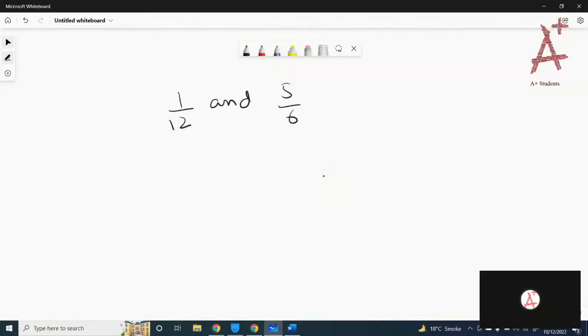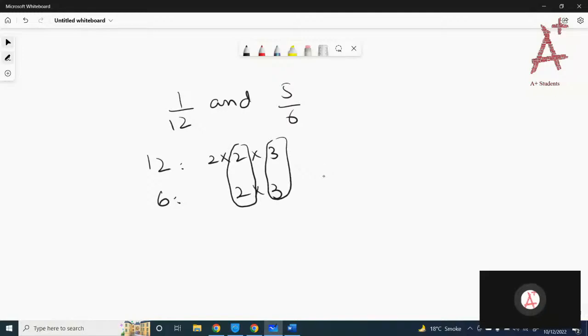So write the prime factors of 12 and 6. For the 6, they are 2 times 3. And for the 12, they are 2 times 2 times 3. Got it? This is common. This is common. Write them just once. 2 times 3. These are the common. And the rest is just 2.